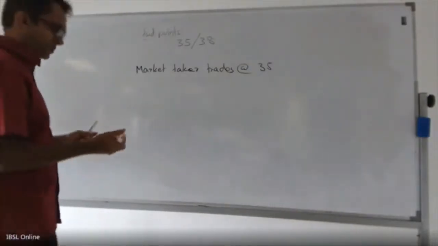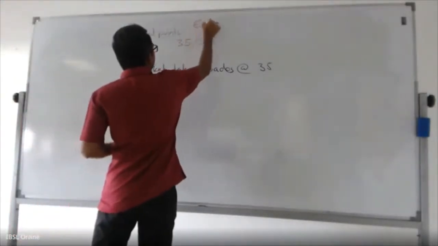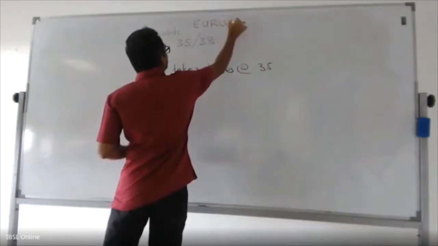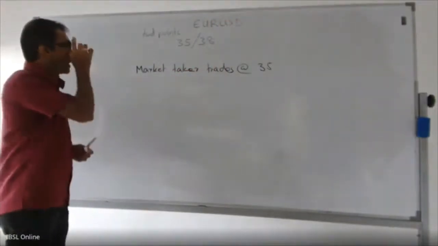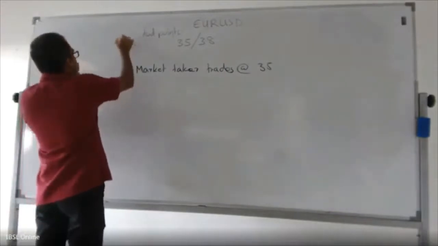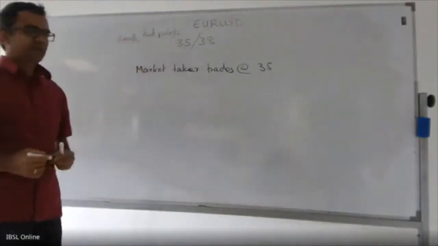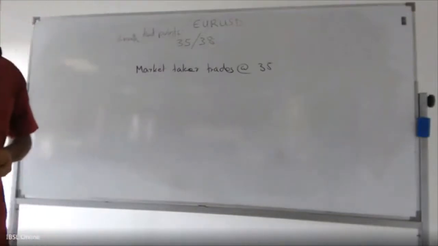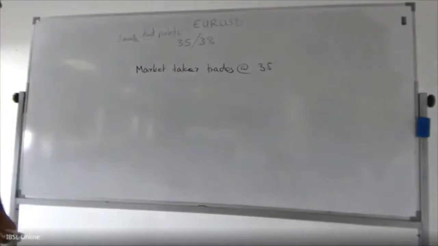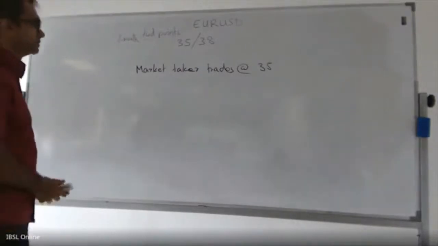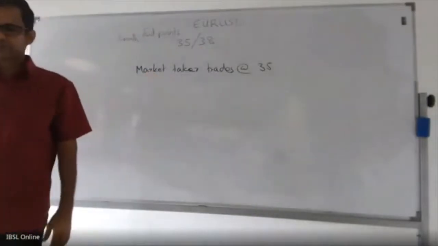Okay, to make it easy, we will say this is based on Euro USD. The currency pair is Euro USD, one month, forward points are 35, 38. What is the trade that the market taker enters into?